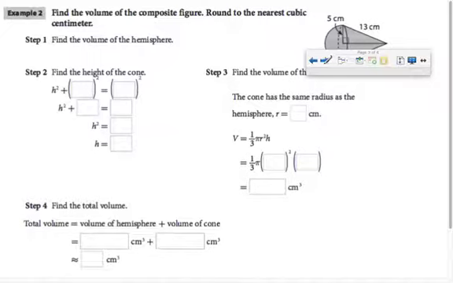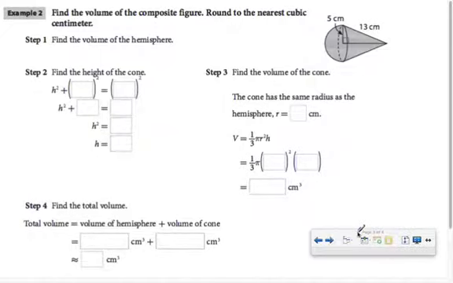Once again, a composite figure. So what I have here is a hemisphere on top of a cone. So find the volume of the hemisphere by taking, well, let's think about it. A sphere is 4/3 pi r cubed. So if I'm dealing with a hemisphere, that's half of that.